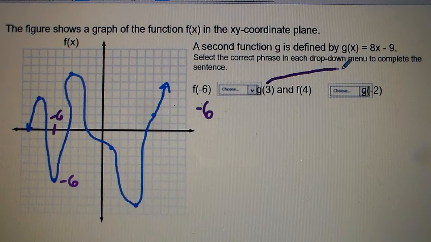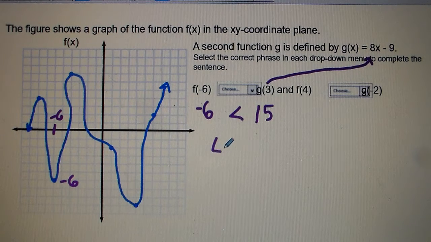The g of 3, well, g refers to the g function, so we're going to put 3 in for x. 8 times 3 is 24. 24 minus 9 is 15. So g of 3 is 15. Negative 6 is less than 15, so the first drop-down menu is less than.